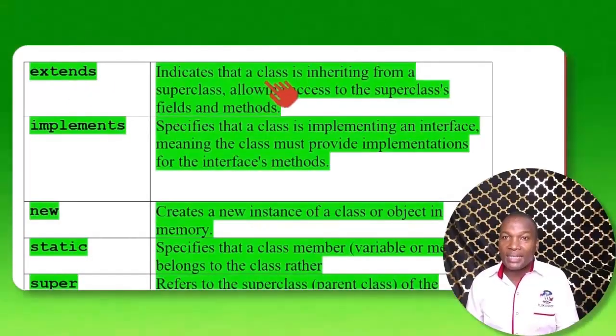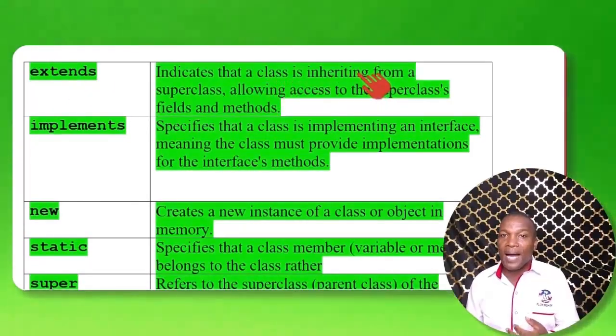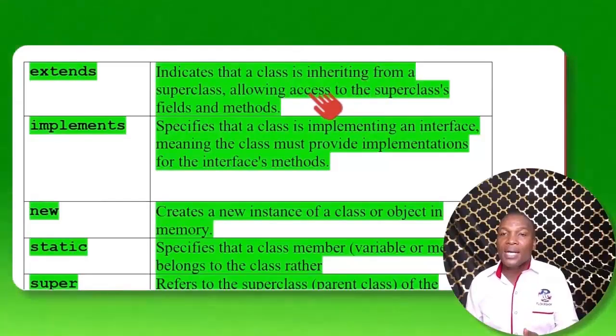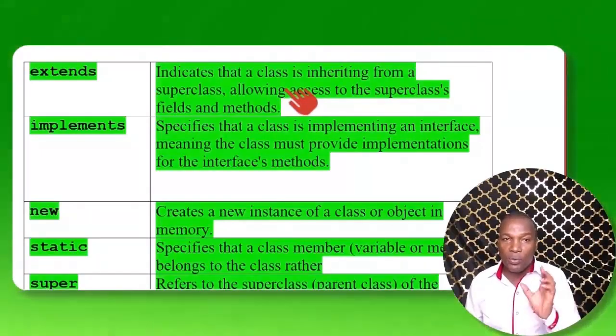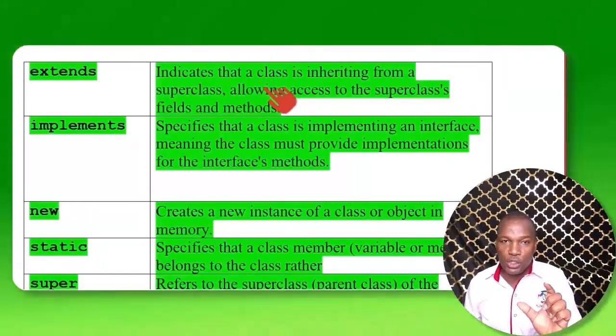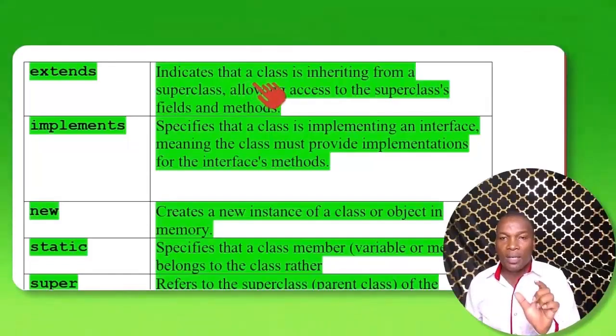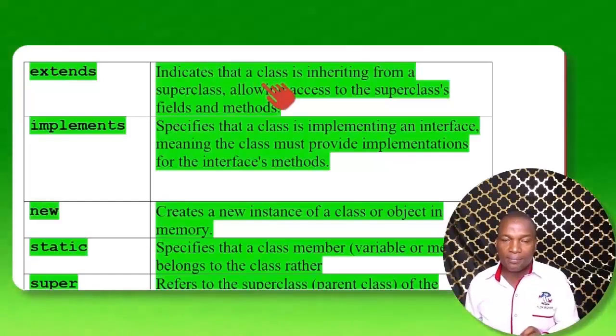It indicates that a class is inheriting from a superclass, allowing access to the superclass's fields and methods. We shall continue knowing more about these when we look at inheritance. So it is about classes, but we shall look at its application more in inheritance.